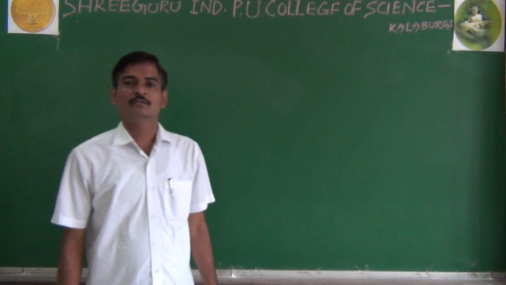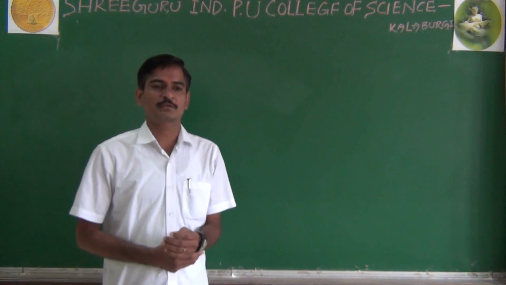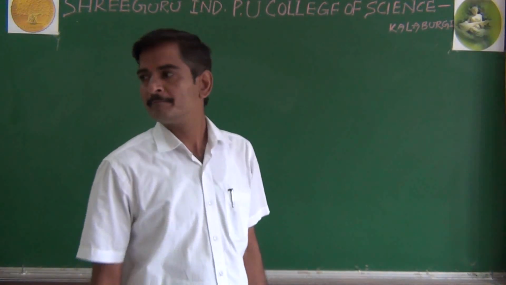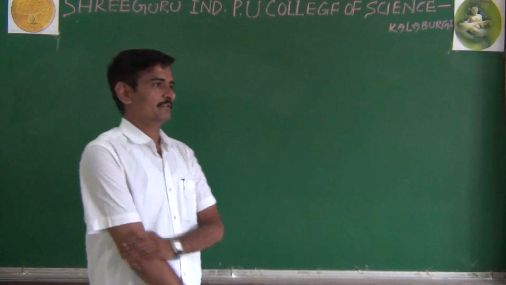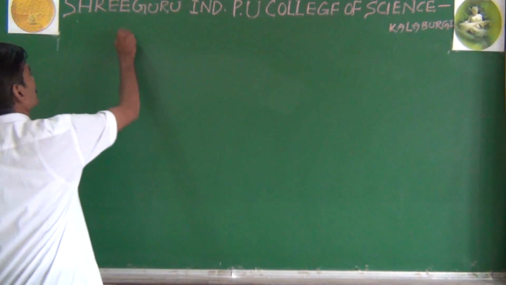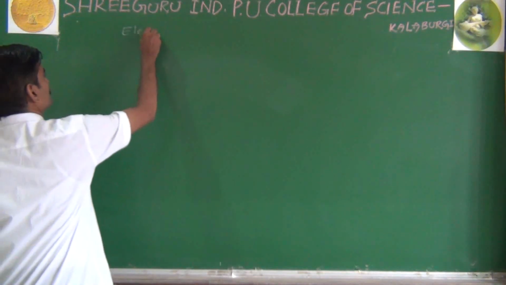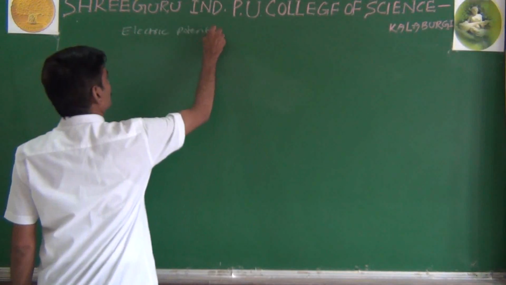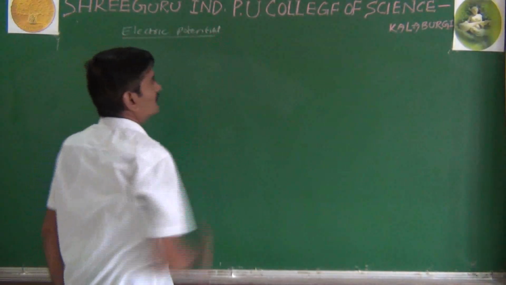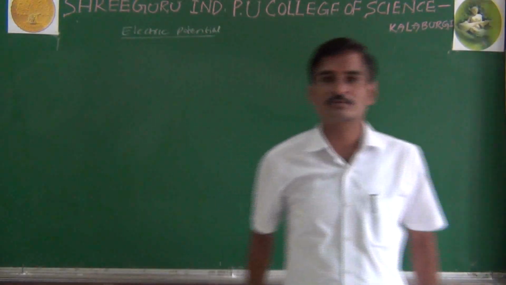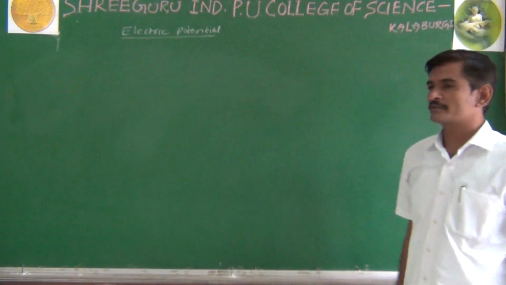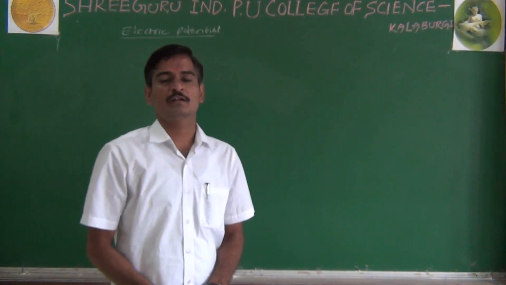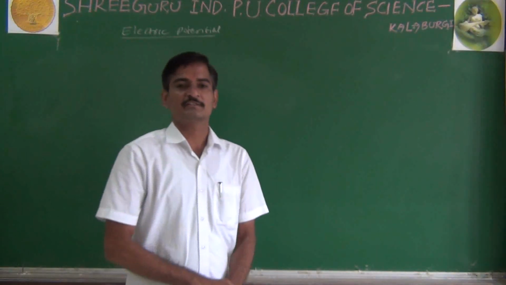So today we have a new chapter, electric potential and capacitors. This is the second chapter in electrostatics, and previously we have studied about the electric field, Coulomb's law, and other things you have already studied.